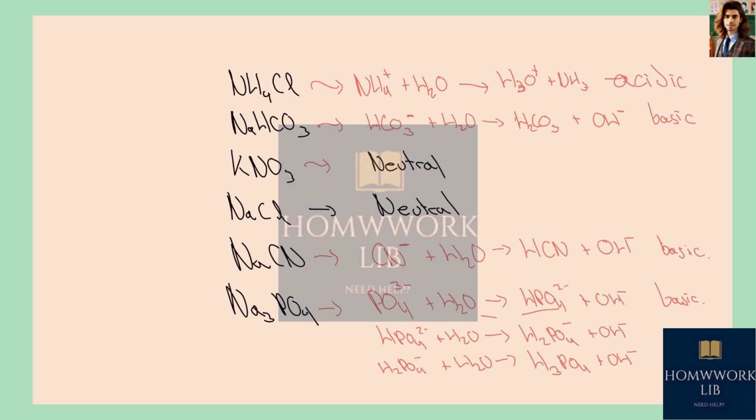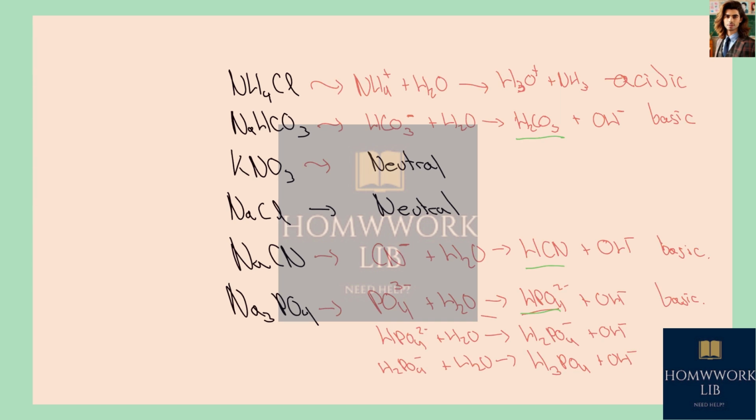So what we can see from here is that if the reaction of one of the ions with water is going to generate a weak acid, then the solution is going to be basic. Such are the cases of this one, and all of this in the phosphate.